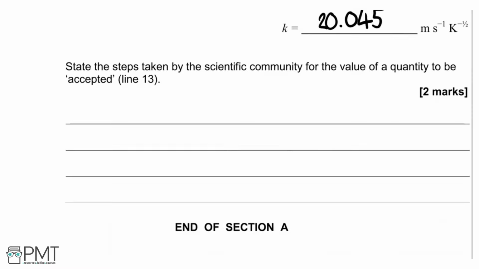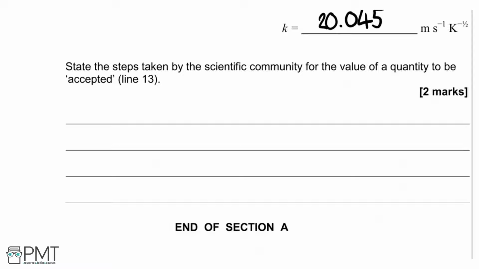So the key with this sort of question is to think about how we can validify an experimental value. Now, typically, the best thing to do is compare it to what other people have. Now we can sort of science that up a little bit by saying we can publish our method and our value and make it clear how we've obtained that value so that others can then repeat that experiment.